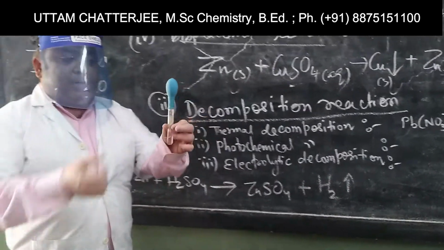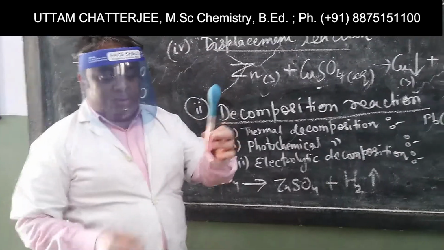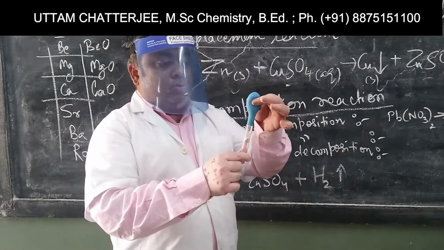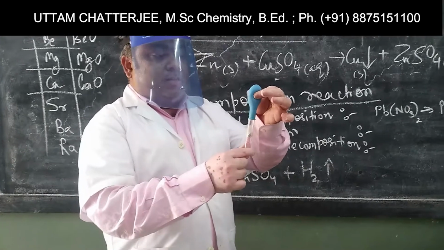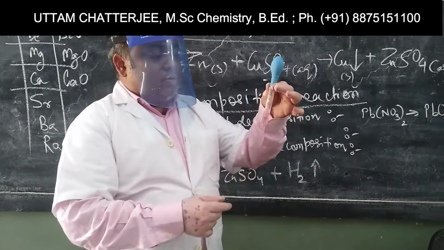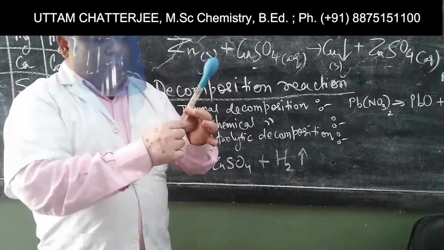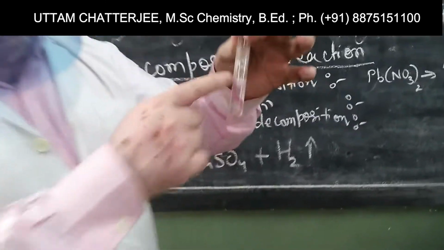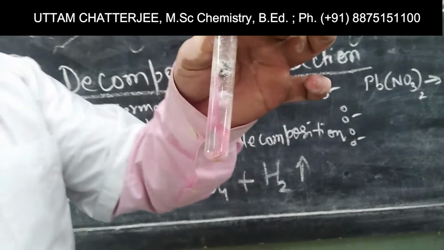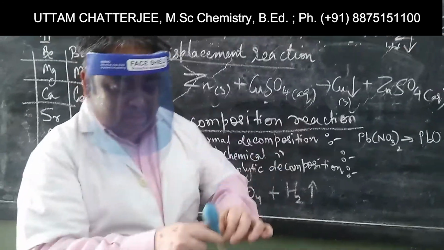This hydrogen gas can be collected in this balloon. It is so well inflated, it has some pressure, so gas is filled in. I put some zinc granules inside the balloon and then some H2SO4. You can see the red litmus paper inside, showing the acidic property.